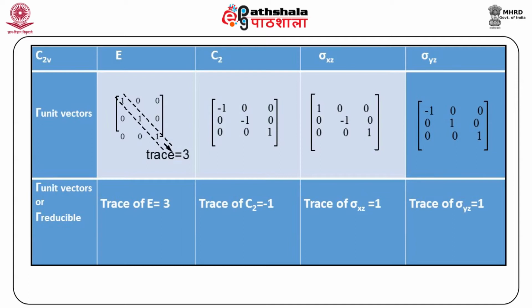After getting the representation, we take the trace, or the character, the sum of the diagonal elements from top left to bottom right of each of these matrices. This gives the character of each matrix, which is written as unit vector in the above table. The representation is called reducible. It is desirable only to know the character of these matrices in the representation instead of writing the full matrix for each and every operation.